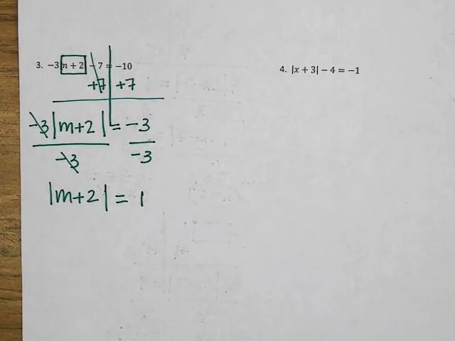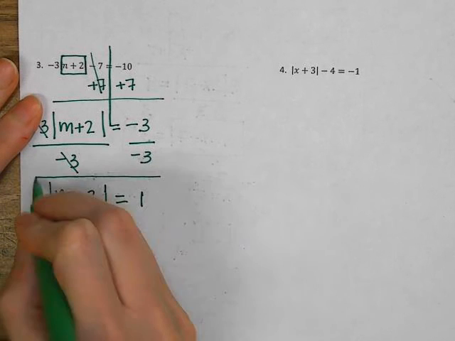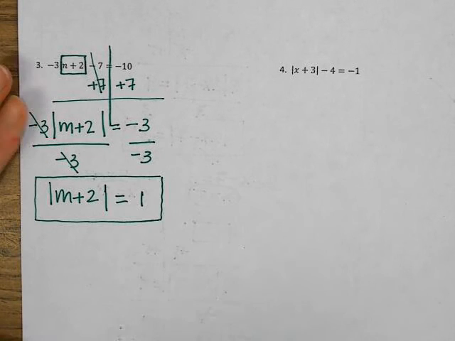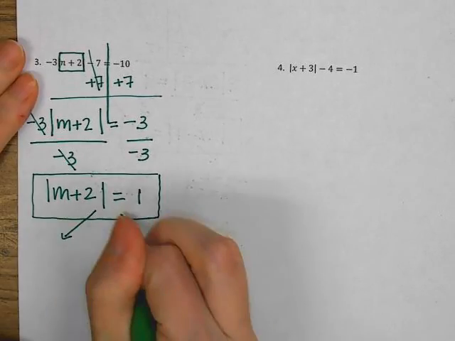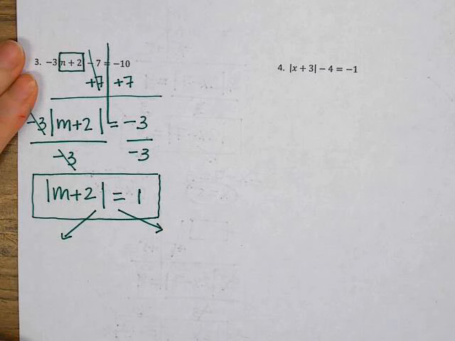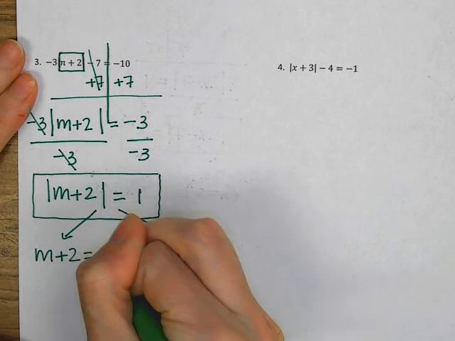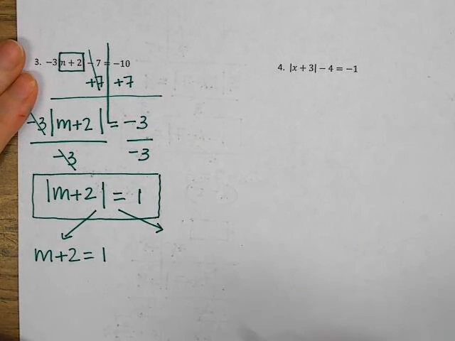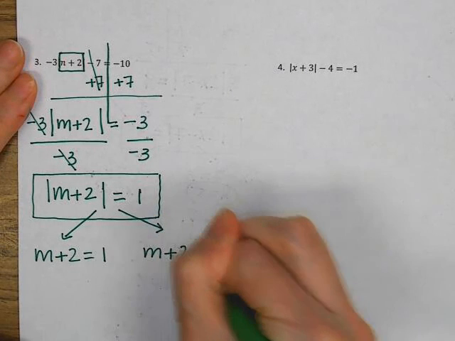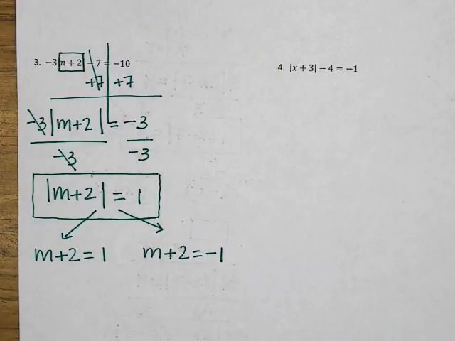Oh, you thought you were going to get to say no solution, but actually this one's equal to a positive number. So when you get a positive number, it is possible to solve, and this is when you set up your 2 equations. And one of them is going to be m plus 2 equals positive 1, and the other one's going to be m plus 2 equals negative 1.